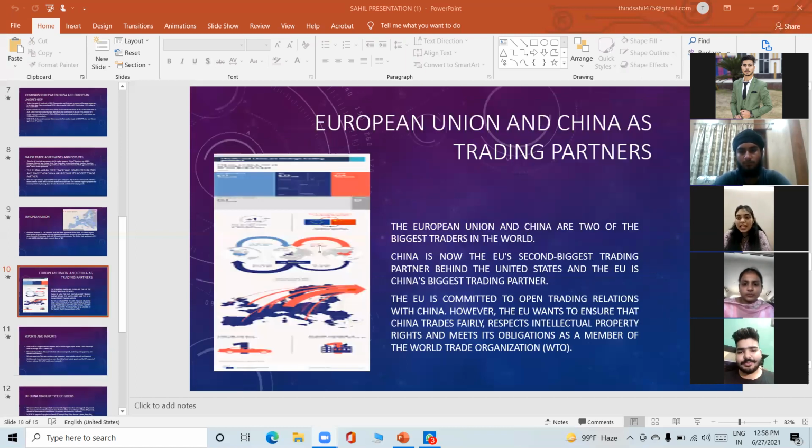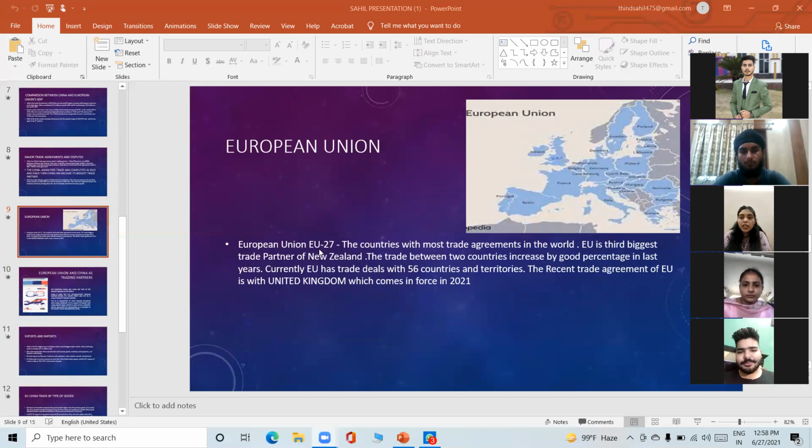CETA is a new trade agreement between the EU and Canada. It cuts tariffs and makes it easier for the export of goods and services between both countries, and it benefits people and businesses in the EU and Canada, which will help in the prosperity of both countries.